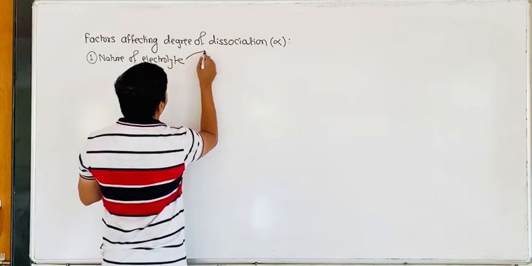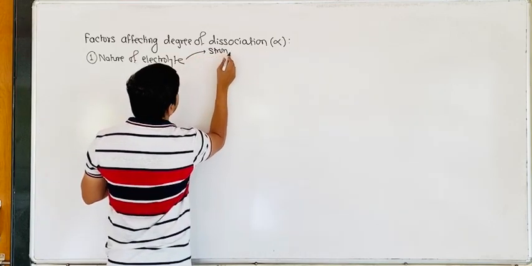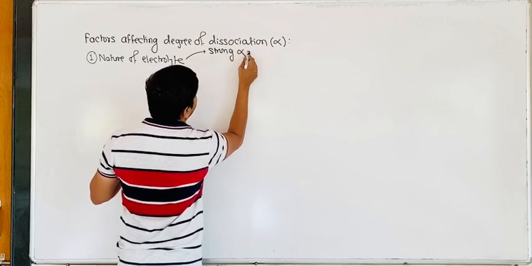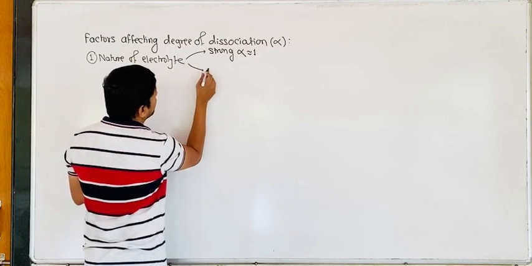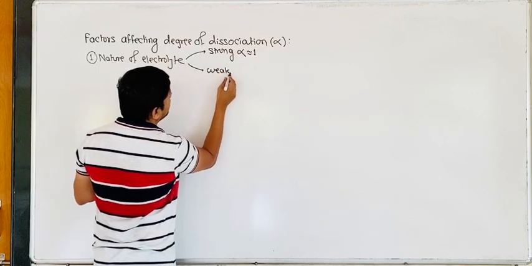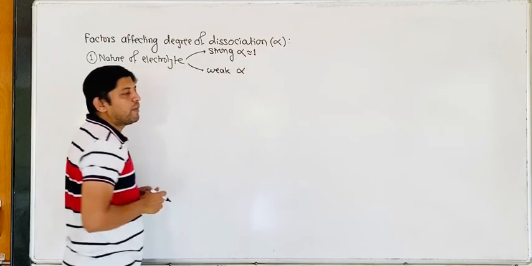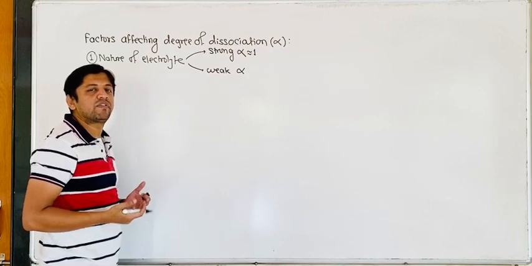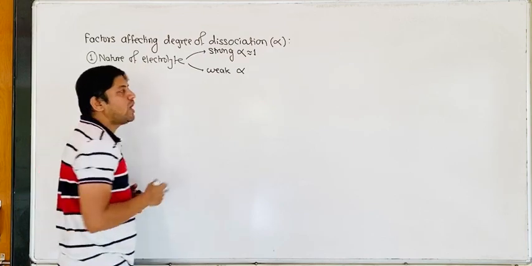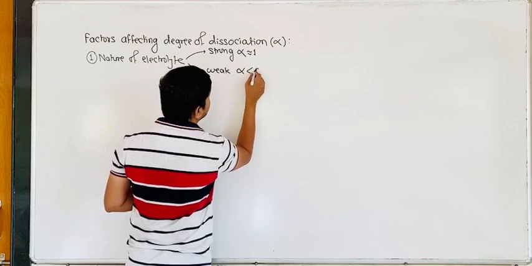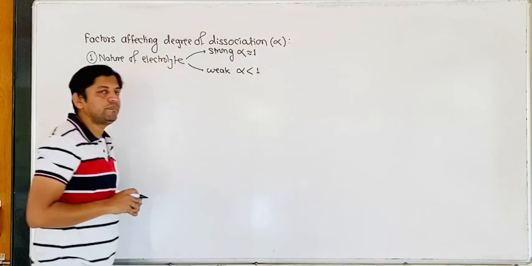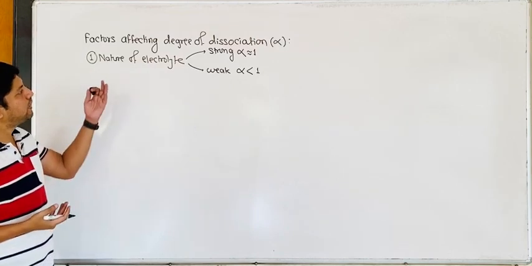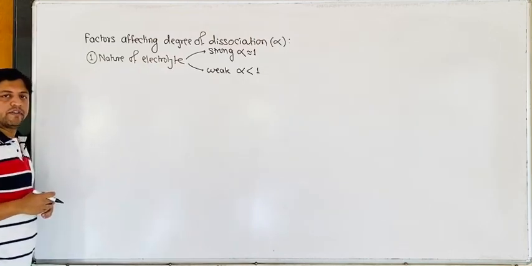When the electrolyte is a strong electrolyte, alpha is nearly equal to 1, and for a weak electrolyte, which has less tendency to undergo ionization, alpha is less than 1. So the value of alpha depends on the nature of the electrolyte itself.